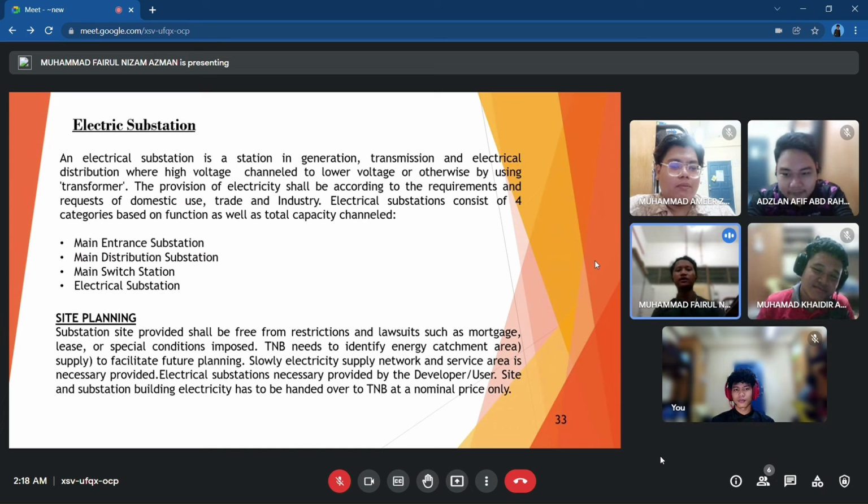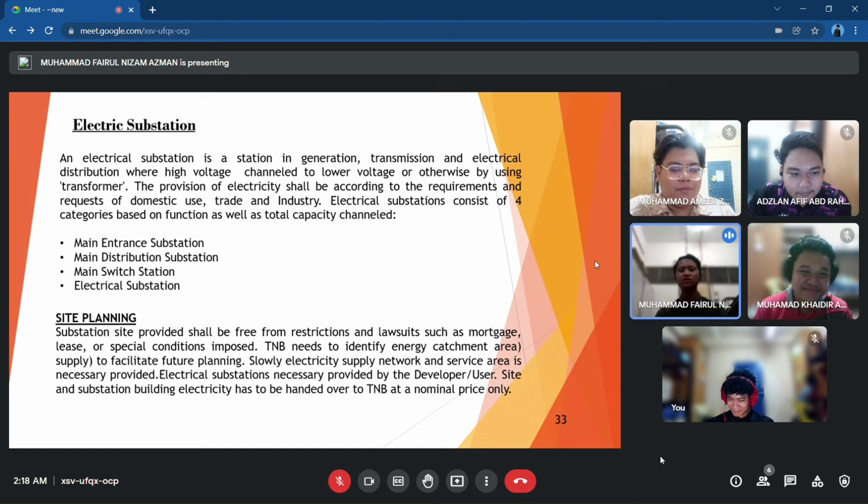For the site plan, the substation site provided shall be free from restriction and lawsuit such as mortgage and lease or special conditions imposed. TNB needs to identify the energy catchment area, supplies to facilitate future planning of the electricity supply network and service area.